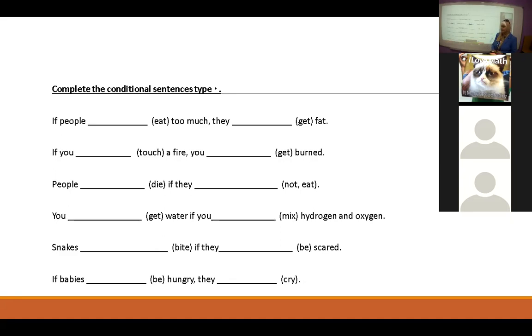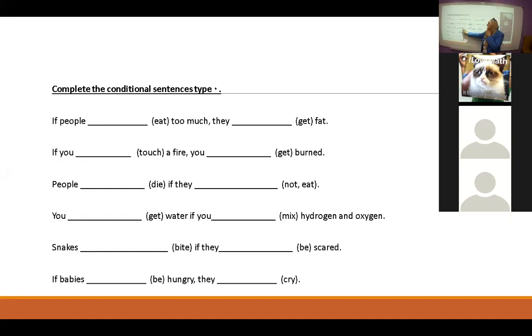Okay. People die if they don't eat. Excellent. People die if they, here, I can't say not eat because we have negation. And I think you already know that with not, we have to call something to come and help us in this sentence. What I need here is don't. Why do I call do to join this negation mark? Don't eat, because they, we don't say if they doesn't eat, okay?